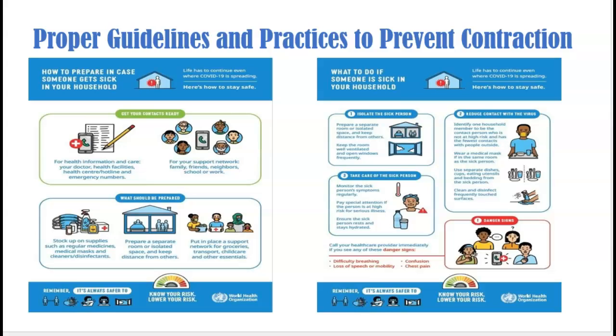If anything, you could just use paper plates, cups, and forks, and then dispose of those items after the person that is infected has used them. Also, sheets and bedding, comforters, quilts, whatever's on the bed needs to be washed separately, and also the clothing needs to be washed separately from the other family members' items. That will also help cut down on contraction.